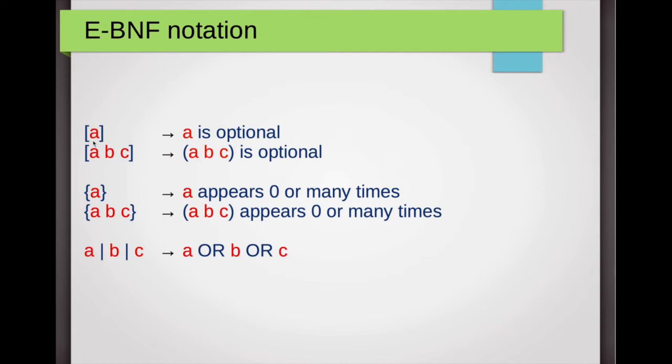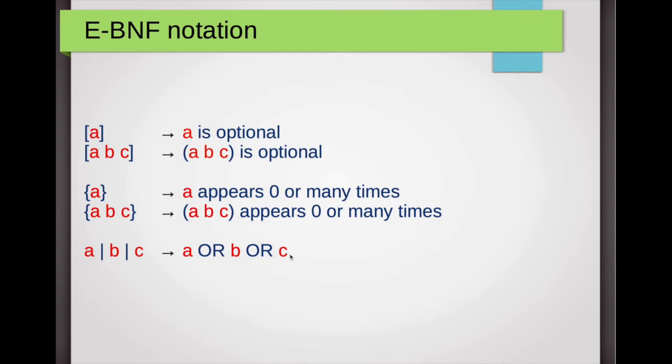If you see an item within brackets, like here, that means A is optional, or here ABC, this group is optional. We have the same with braces here, where the meaning is appears 0 or once or more times. And on the other hand, we have this vertical bar, which is another operator, which means A or B or C.